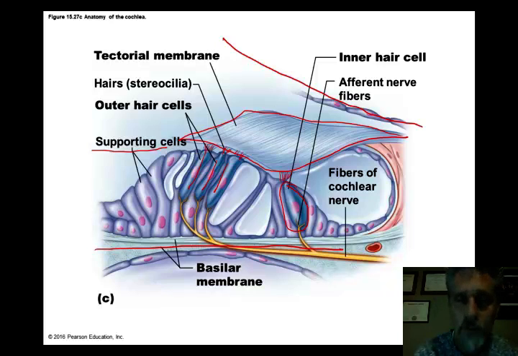Not to where they're going to hurt themselves, but in a way, that tectorial membrane being right there, when that basilar membrane bounces with sound waves going by, then those hairs on those hair cells are going to flex.